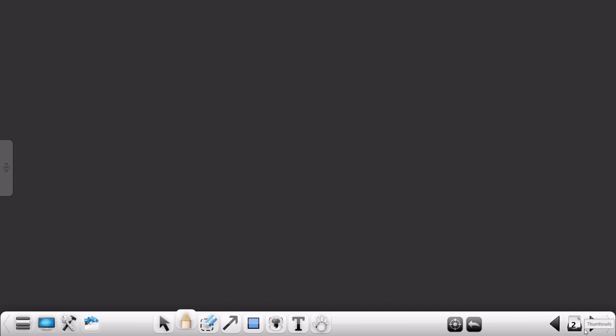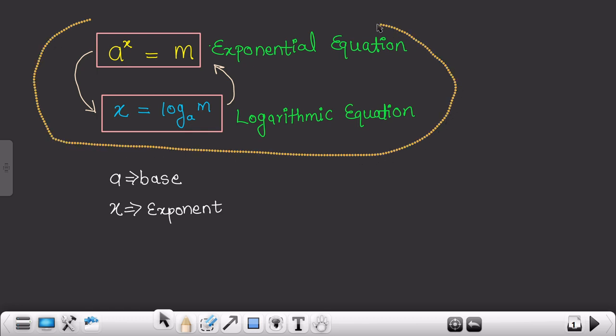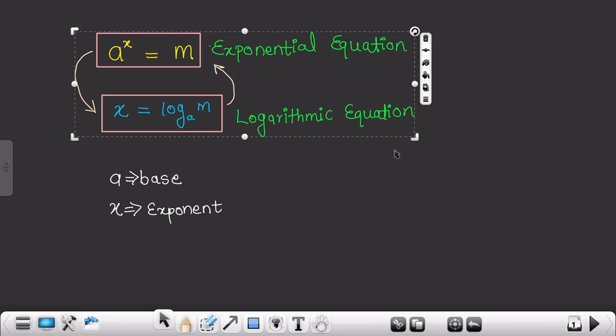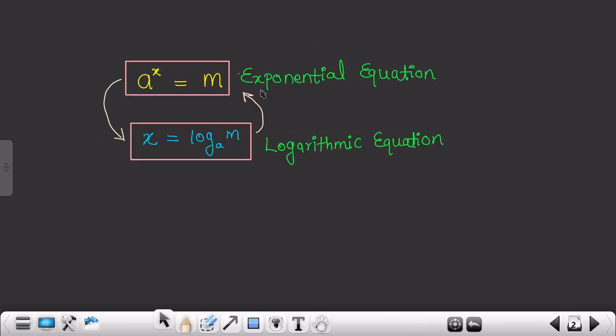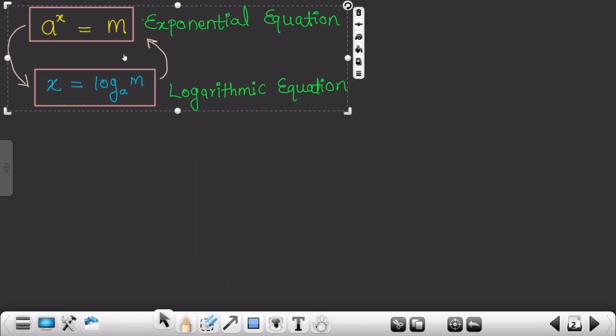As we did in the earlier lecture, we'll capture this image and paste it in the next page so that it is easy for us to get the clear-cut equation. Control V, and now we'll move this equation somewhere over here.